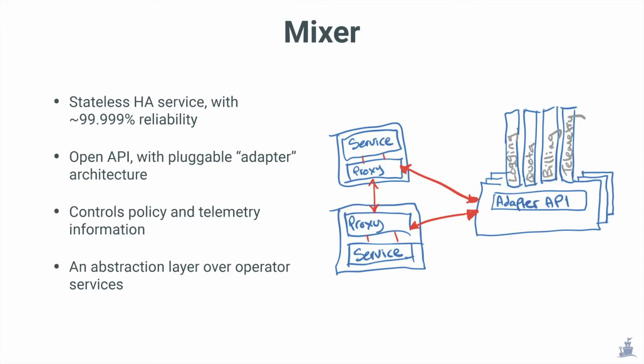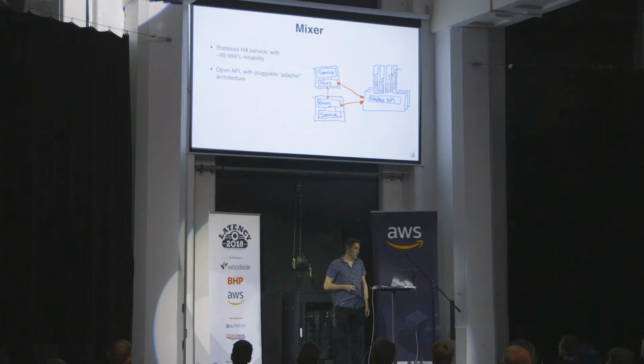Cool. All right, so Mixer, it's built for high availability. It is a pretty reliable piece of kit. It's built with an adapter plug-in, and you'll see this through all of the Istio framework. It's built to be plugged into multiple different clouds. It's not kind of boxed. They've tried to keep it as open as possible.